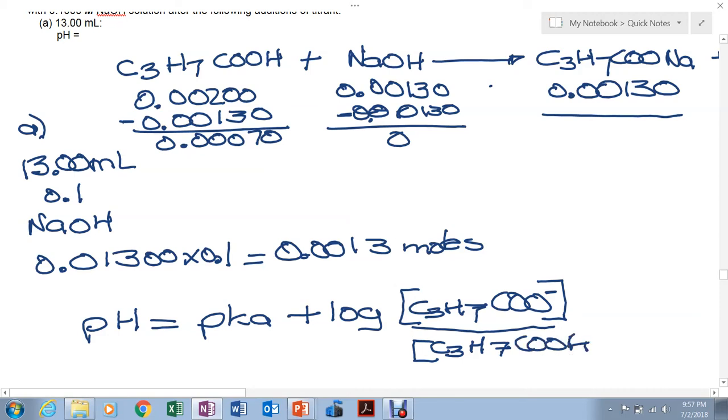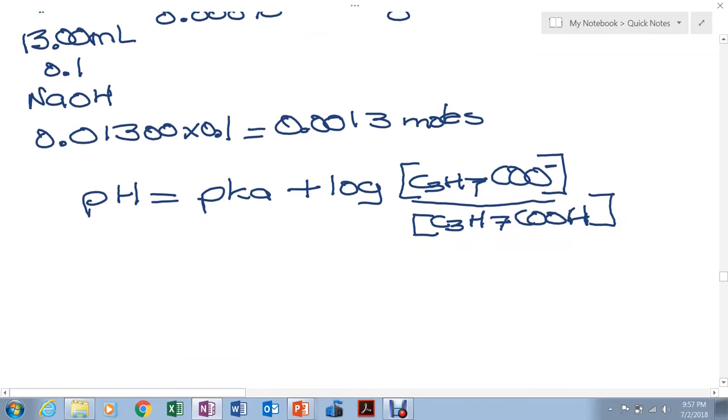But you have to be careful here again because remember we add solution, we add volume. So we have to again recalculate the molarity. That's the tricky part and the majority of the work in this. So first of all, let's go ahead and do the pKa.